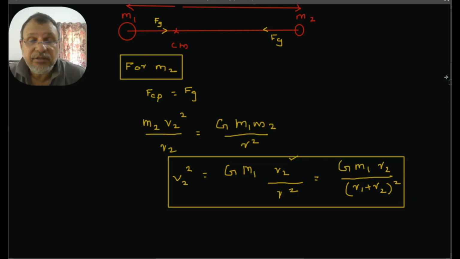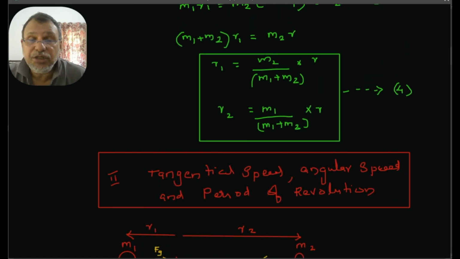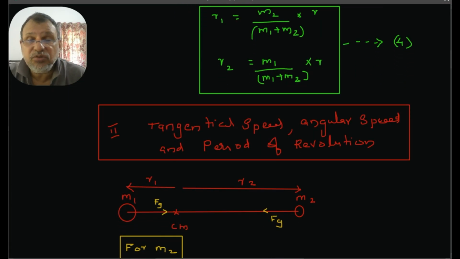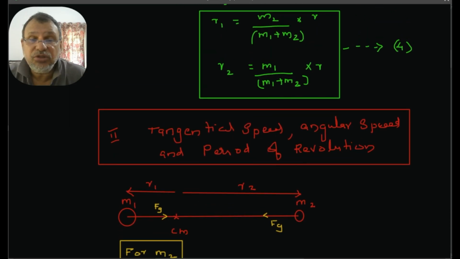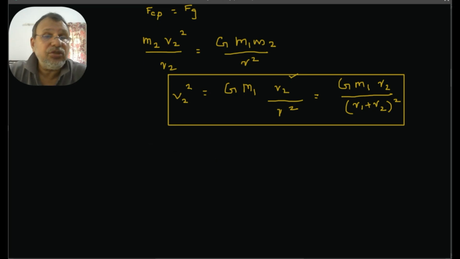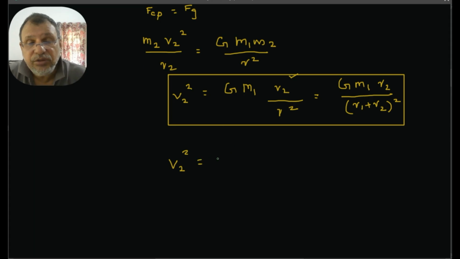What is r2? r2 is equal to m1 upon m1 plus m2 times r. So you can substitute that r2 value into this equation.